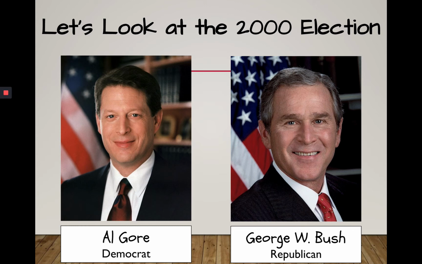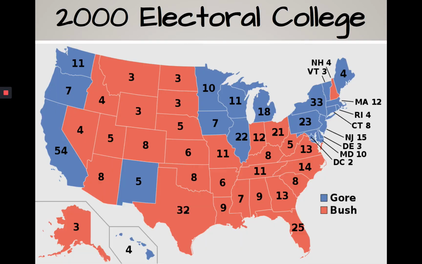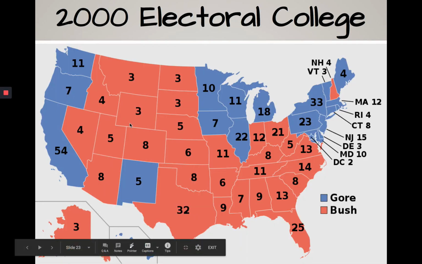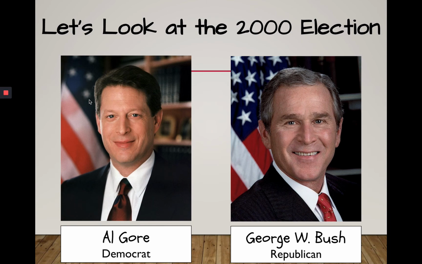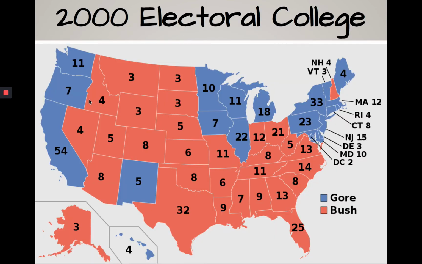So in the 2000 election, it was Al Gore versus George W. Bush. And this is how the map looked. Back then, Washington had 11 votes. Now it has 12. The blue is Democrat, so the blue is Al Gore. The red is George W. Bush and Republican.